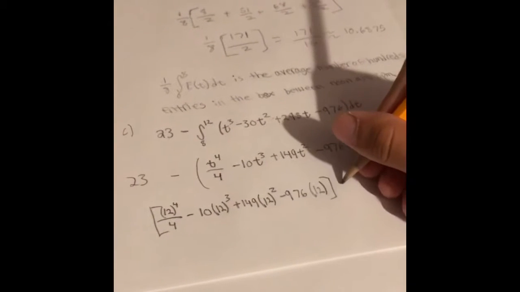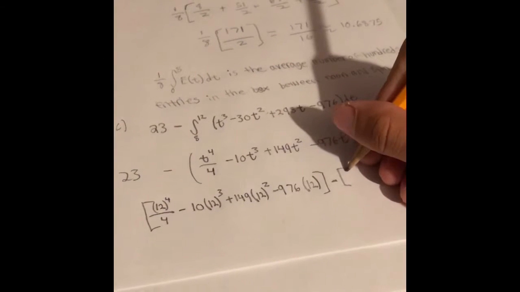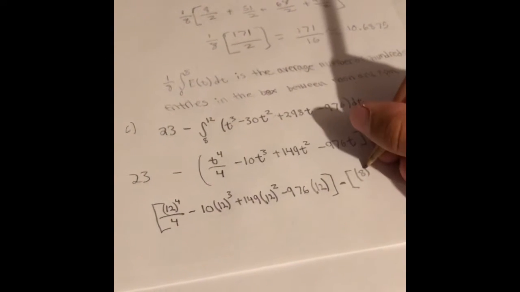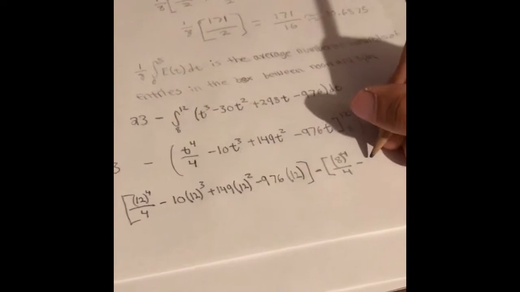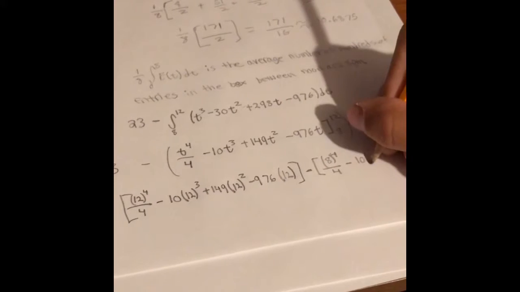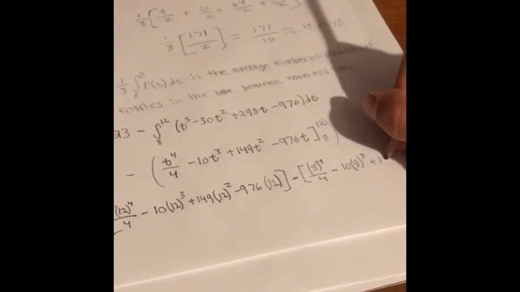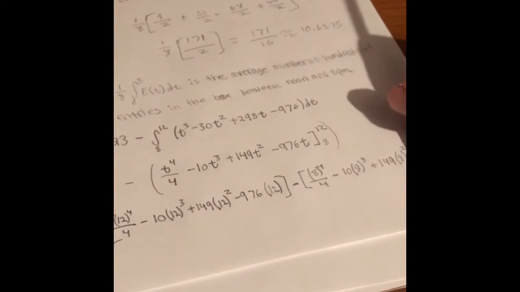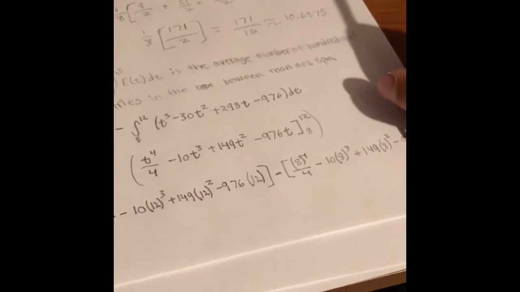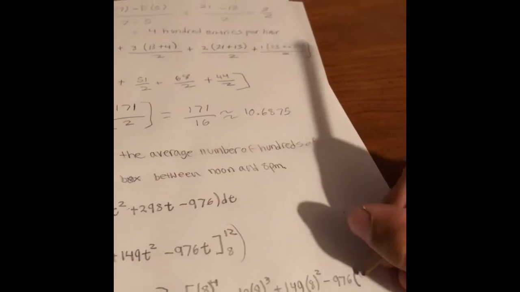And this is for the 12 part. So minus 8 to the power 4 over 4 minus 10 times 8 cubed plus 149 times 8 squared minus 976 times 8.